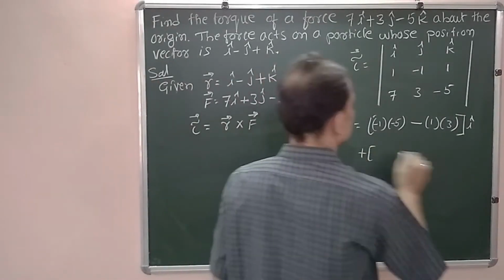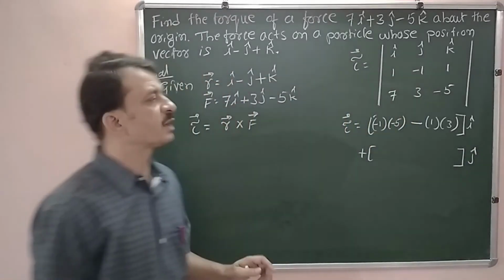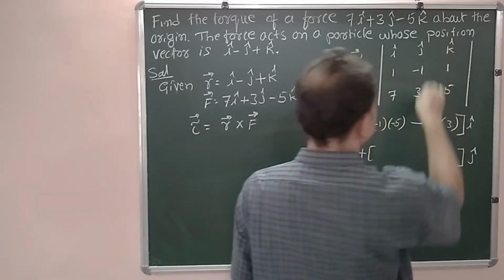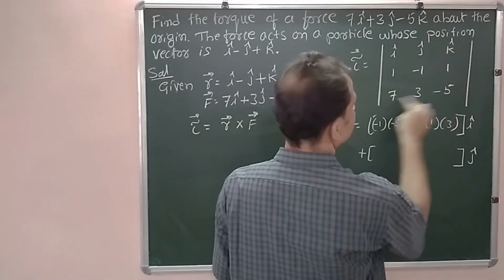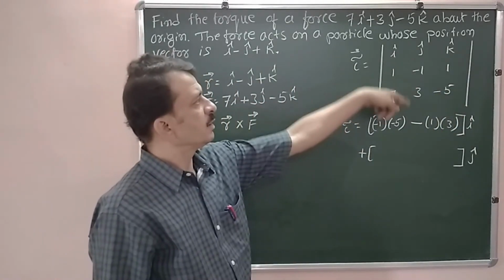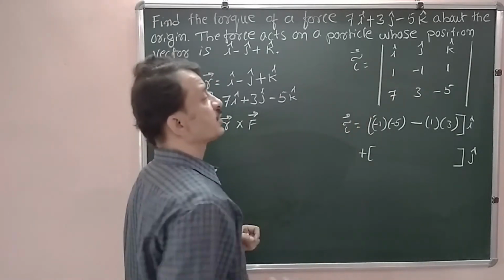Plus, what do we have to write? The second term containing the unit vector j. Now leave the first row and second column. We are left with 1, 1, 7, -5. Since we are calculating the second one, it should be in the opposite direction.